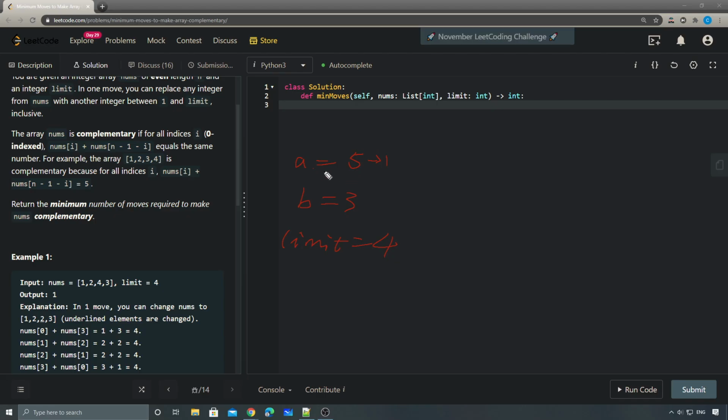So the smallest sum we have here is 4, which means as long as the sum is between 4 and 9, then we can only make this one move. Why is that? The smallest we have is 4. That's kind of obvious, right? Because the smallest we can get by changing one number within range 1 and 4 is we pick the bigger number and we change it to 1. So after doing that, the total will be 1 plus 3, which is 4.